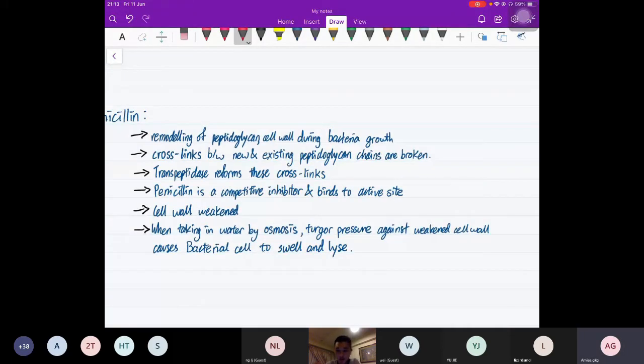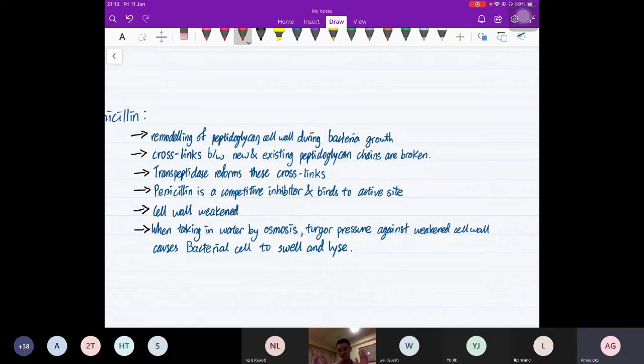In order to understand how penicillin works, you have to understand how a bacteria undergoes binary fission. Binary fission, we recap, is just cell division for bacteria, so that they can produce two bacterial cells from one. How it undergoes binary fission is that its cell wall has to be broken down and reformed.